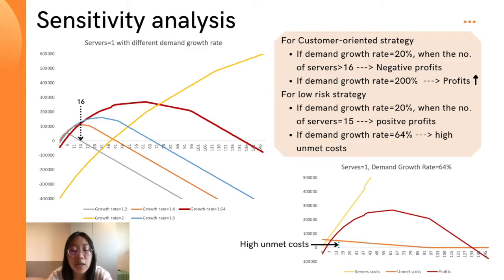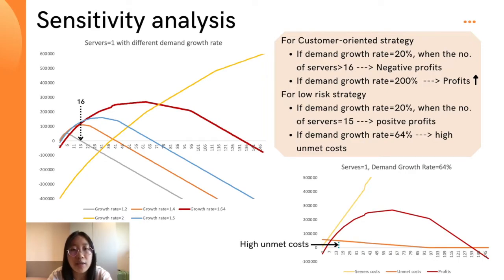This shows that a company implementing this strategy has a high probability of losing money when it encounters poor customer growth rates. However, if the growth rate for the year is greater than 65%, for example 200%, the company will have significant potential for increased profits.